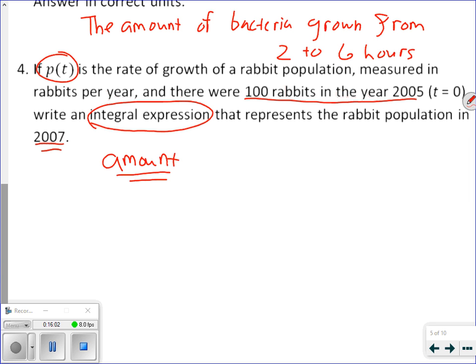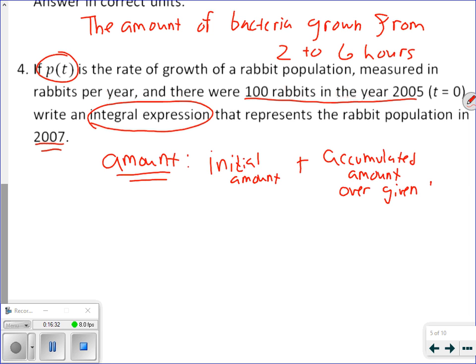But the amount of rabbits I'm going to have is always equal to the initial amount, plus how much I've accumulated over the given time.